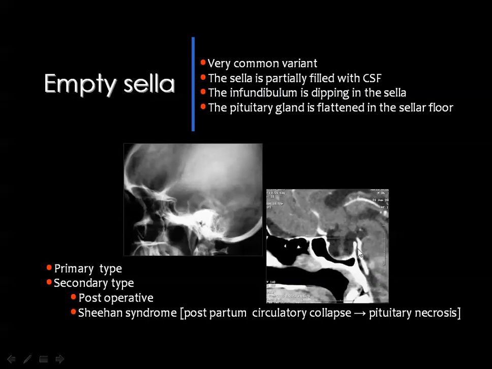The fossa may sometimes be enlarged, and the most important sign for the diagnosis of empty sella is the identification of the infundibular stalk dipping inside the sella below the level of the posterior clinoids.